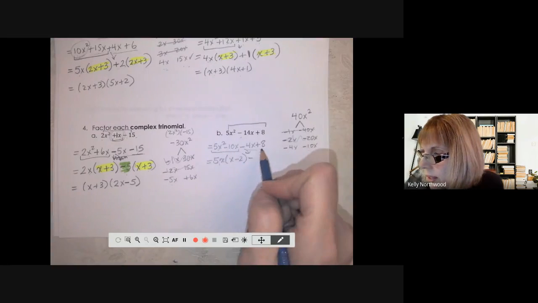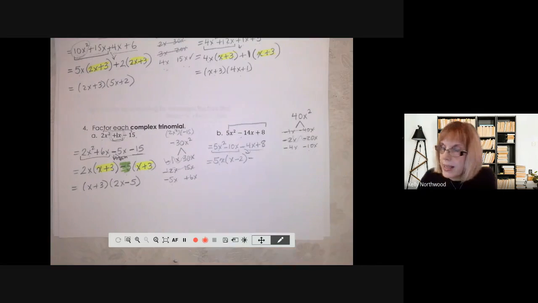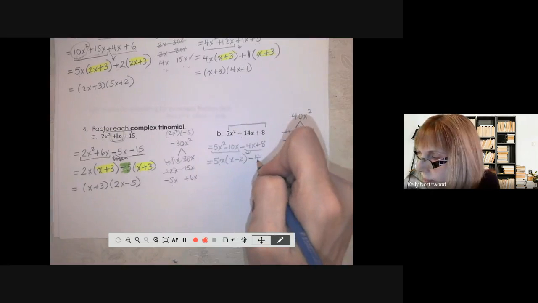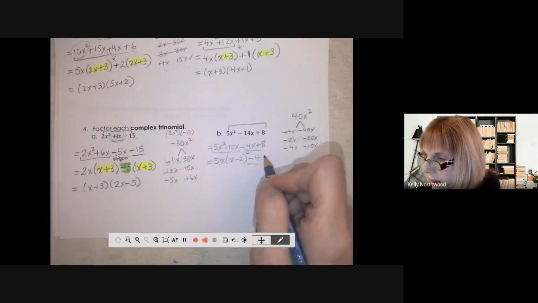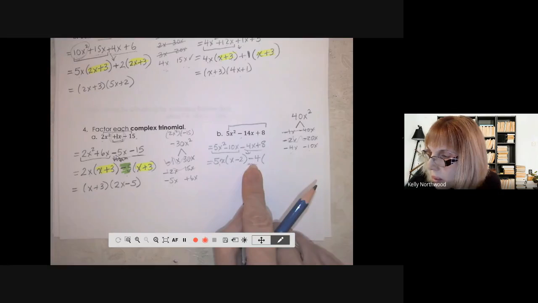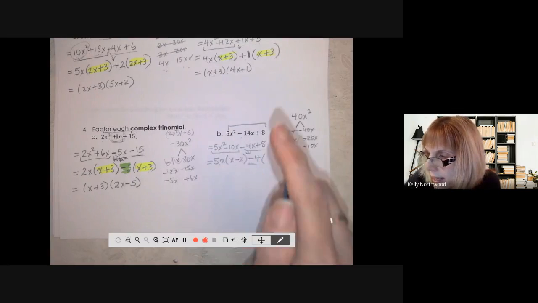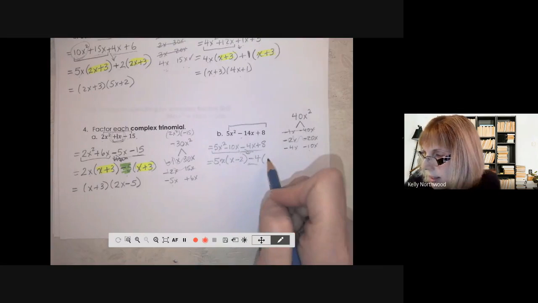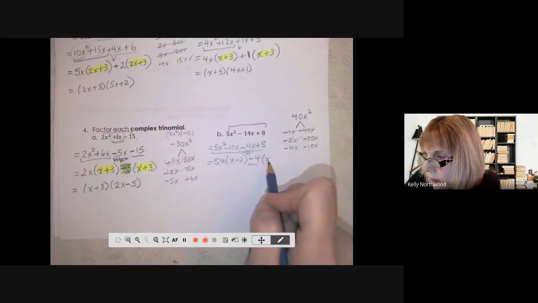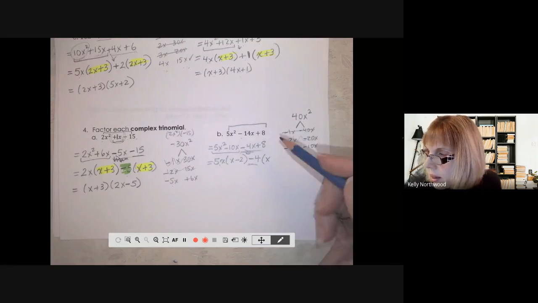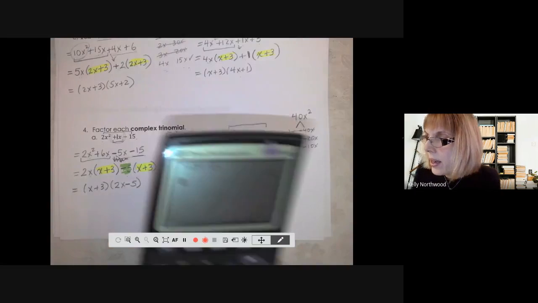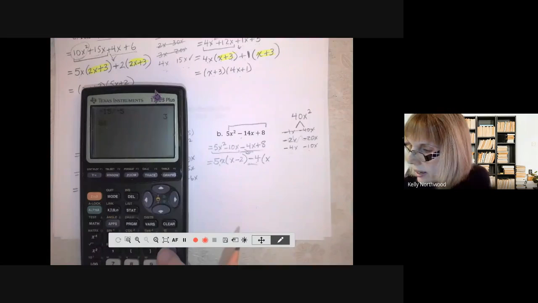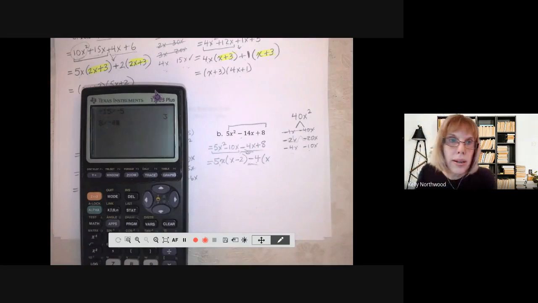And then you're looking for what's in common with 4x and 8. It's 4. So now you're looking at this number as negative 4. So what do you multiply negative 4 by to get negative 4x? X. Negative 4 times x is negative 4x. What do you multiply negative 4 by to get positive 8? If you're not sure, you're going to do positive 8 divided by negative 4.